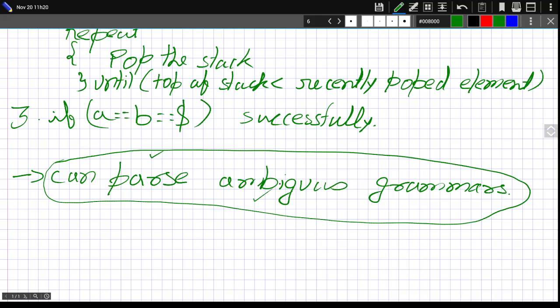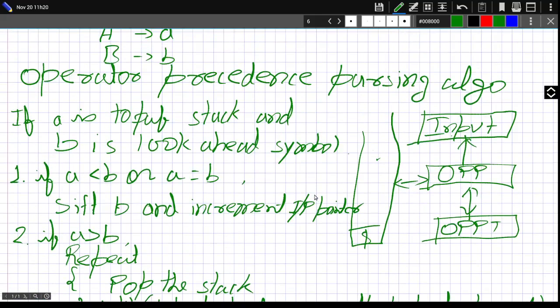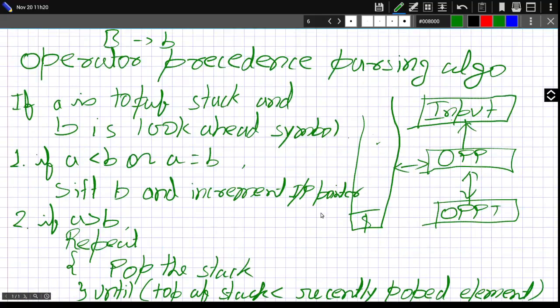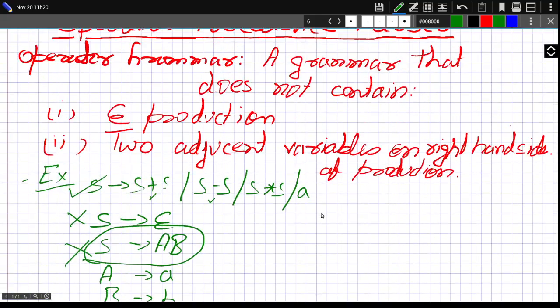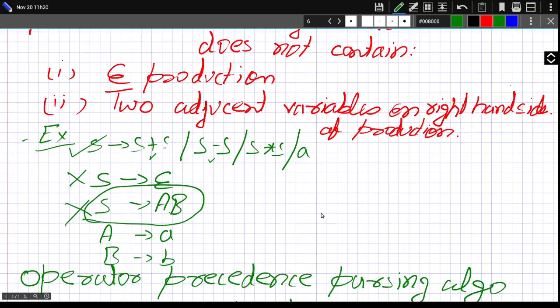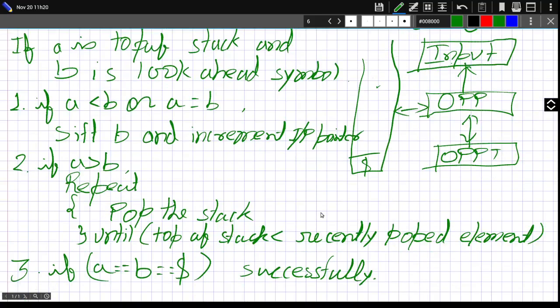More than that, you already have seen in the last video in an example how to parse a string using this stack and using this algorithm. Given the algorithm, you can take a string and check out how it is working. So today in this video we are just going through what operator precedence parser is, as well as we have seen what the parsing algorithm looks like for operator precedence parser.